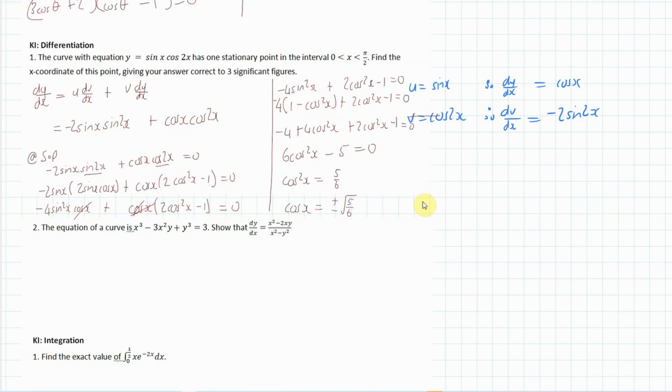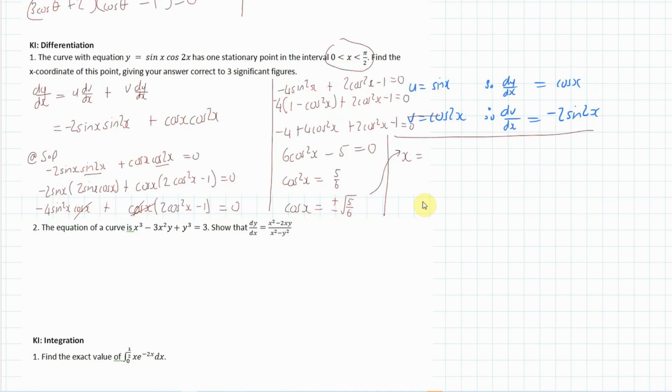And now we're looking between 0 and pi over 2. So I'm going to get my results. So x equals, we want to be in radians, remember, so make sure you set your calculator to radians.